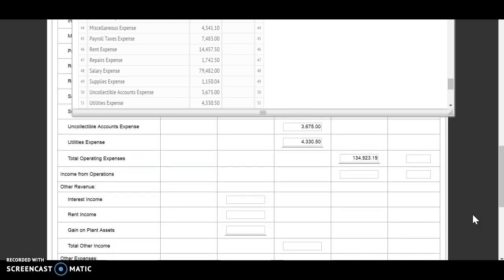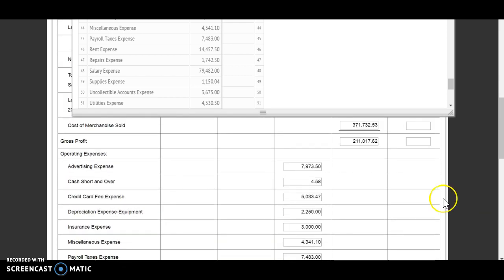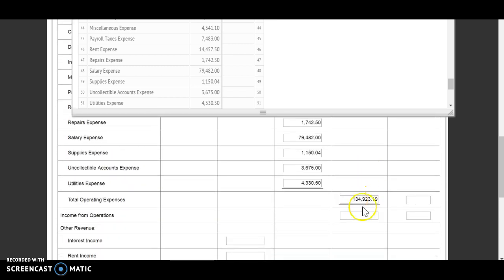Okay, then I need to figure out what my income from operations is. So I'm going to take my gross profit and I'm going to subtract from it my total operating expenses. So my income from operations is going to be $76,094.43.